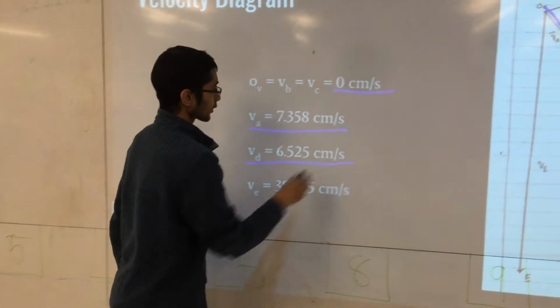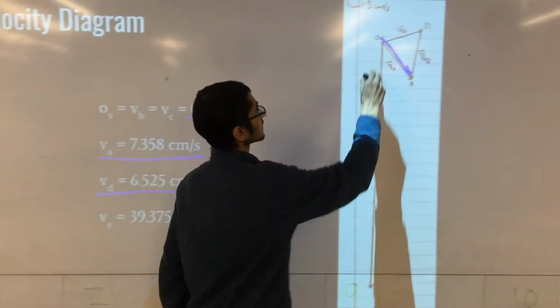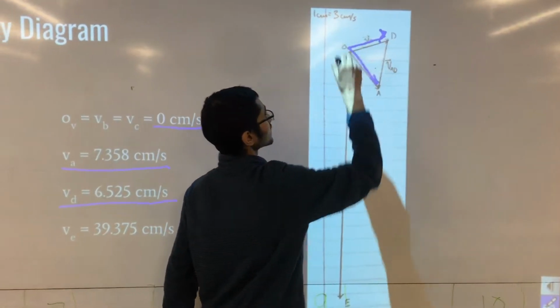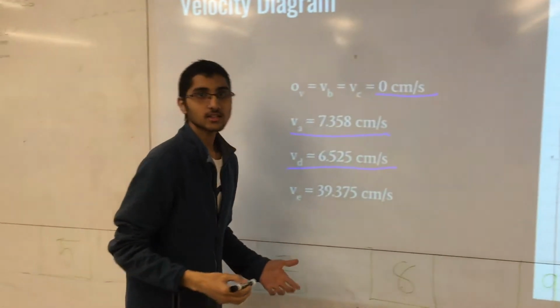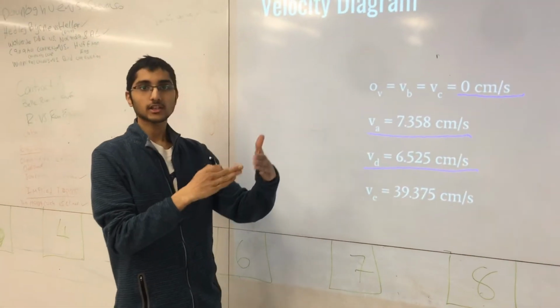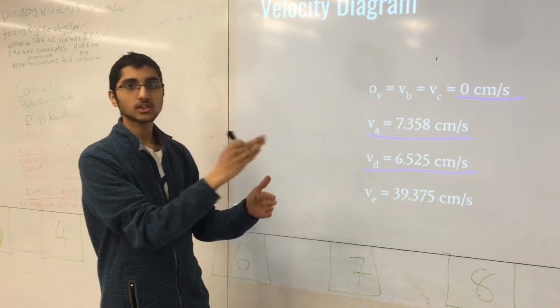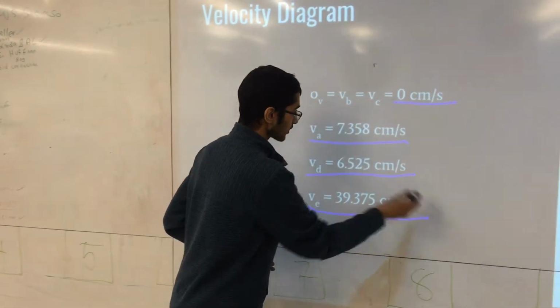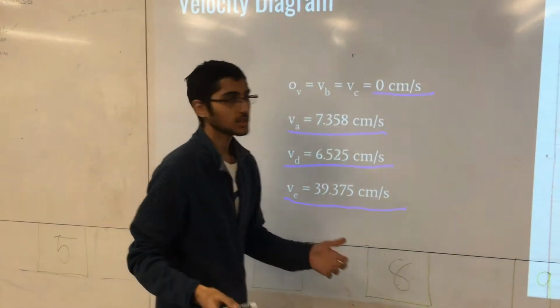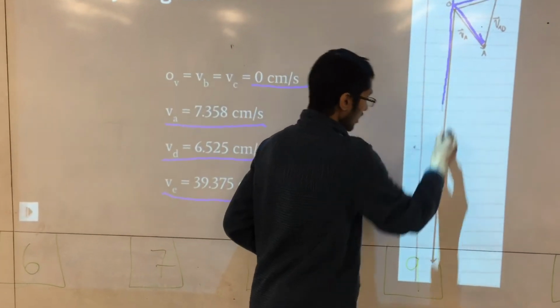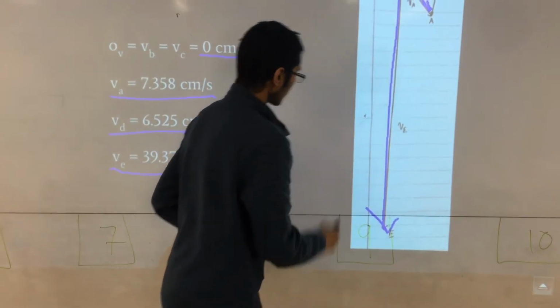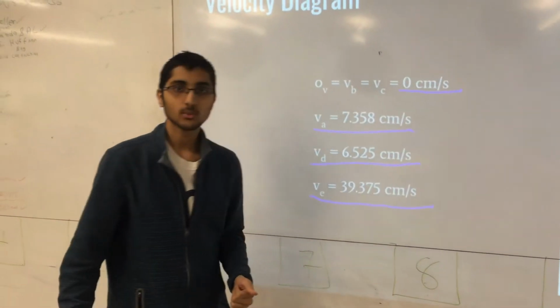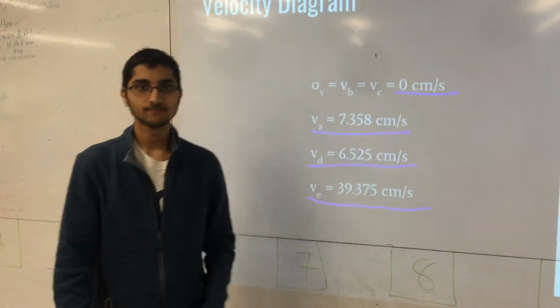V_D is 6.525 centimeters per second, and it's this line. Remembering that the velocities are always perpendicular to the actual direction of the linkages themselves. V_E, which is also the velocity of the wing flap, is this long one down here, and it is 39.375 centimeters per second.